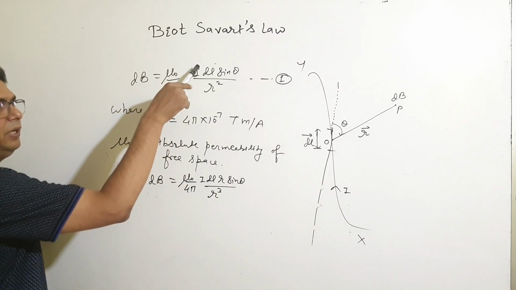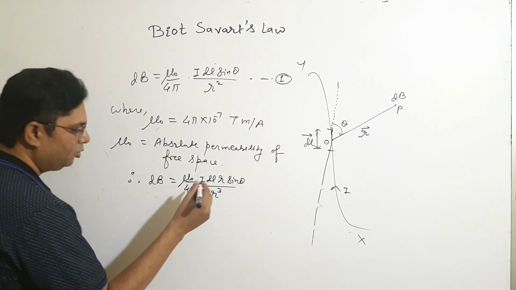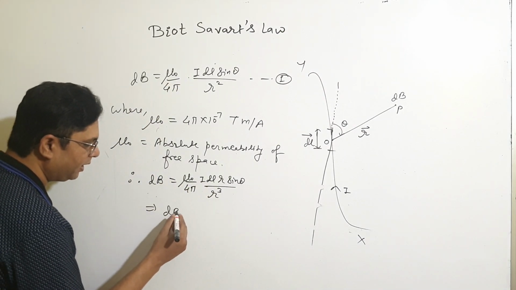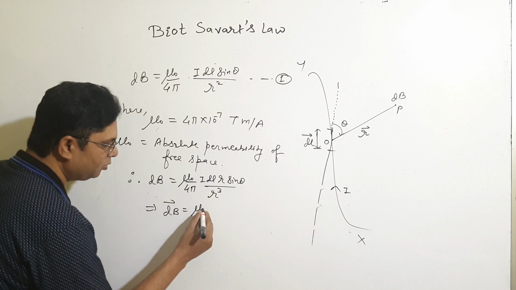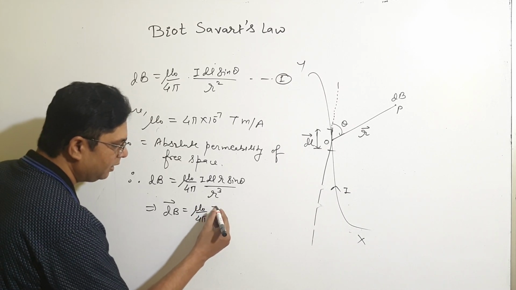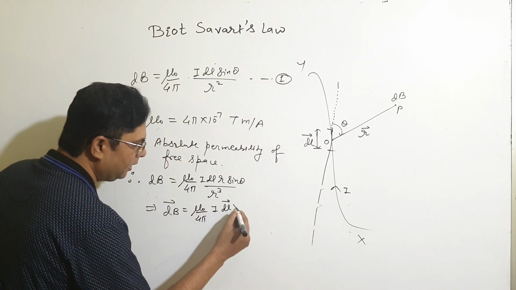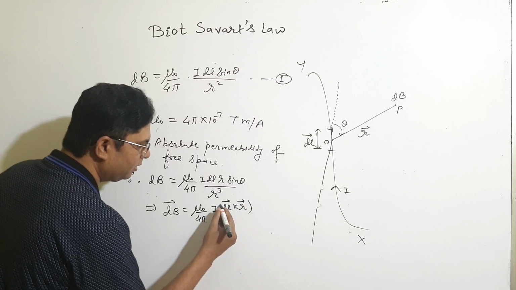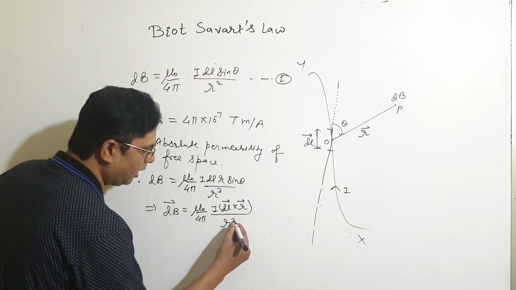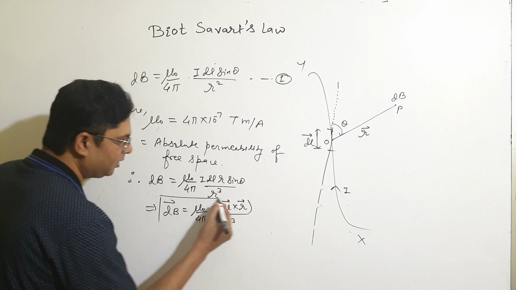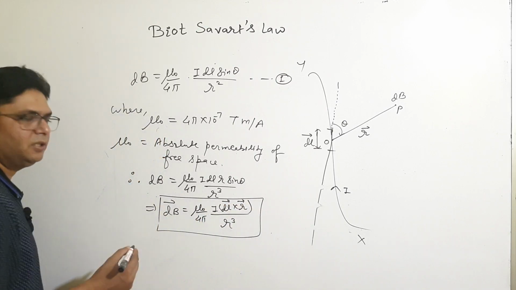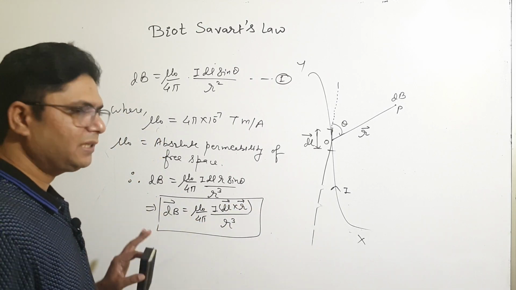We have multiplied the numerator and denominator by R. So you can write dB in vector form as mu naught upon 4 pi, I dl cross r vector divided by r cube. This is the vector form of Biot-Savart's law.